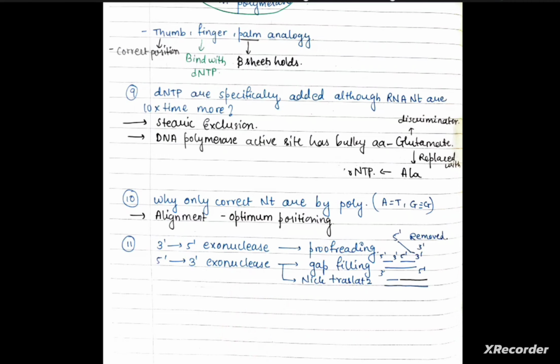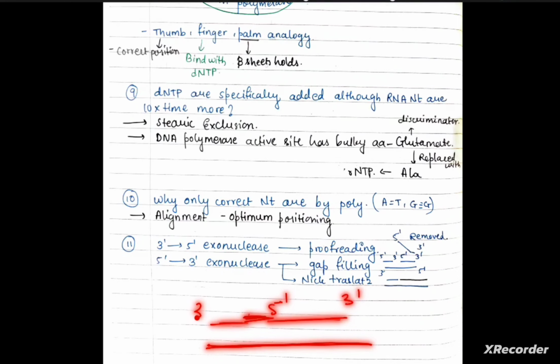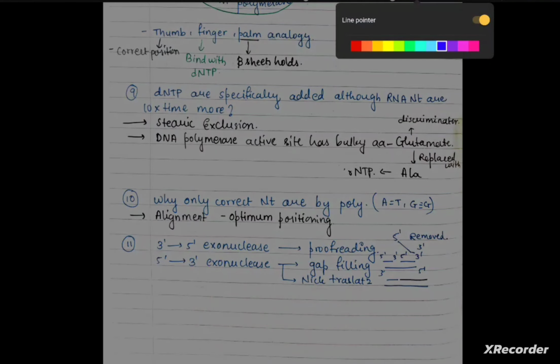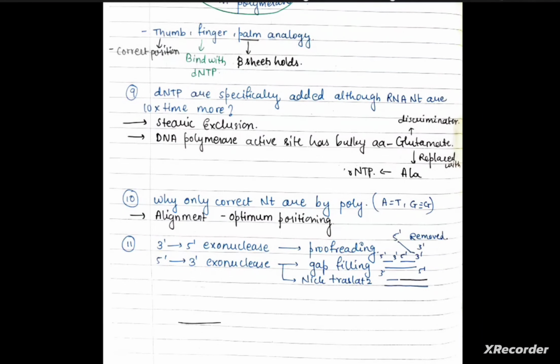Now when I say 5' to 3' exonuclease activity, it is gap filling activity. What do I mean by gap filling? Let's say this is the gap in between these strands. Gap filling is the tendency of filling this particular gap at first, and 5' to 3' exonuclease. See here, it will be 5' to 3' if you consider this was also 5' to 3'. See, you have 5' to 3' and 5' to 3' like this, right?